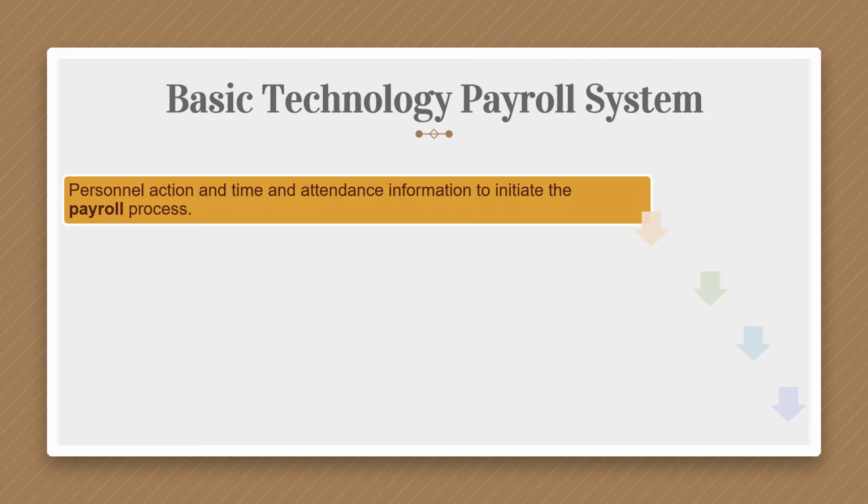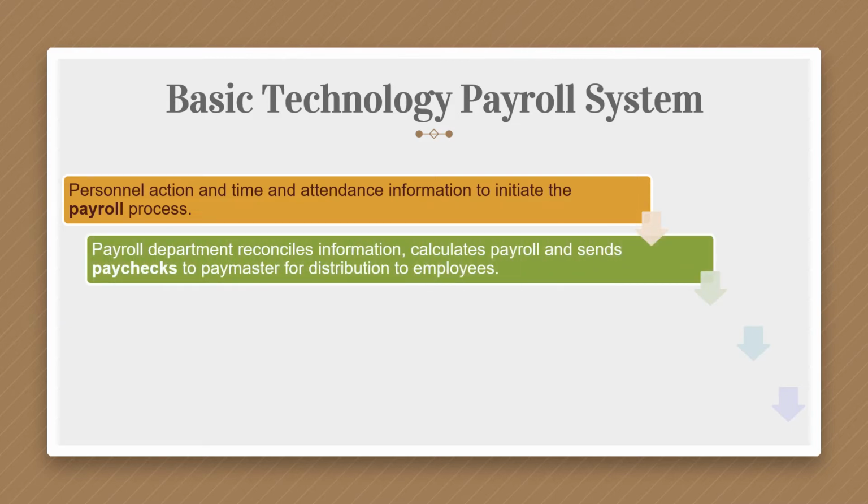All of this will come from either the production department or the personnel department to the payroll department, to prepare the information for the payroll process. Then the payroll department reconciles this information, calculates the payroll, and sends the paycheck to the paymaster for distribution to employees.